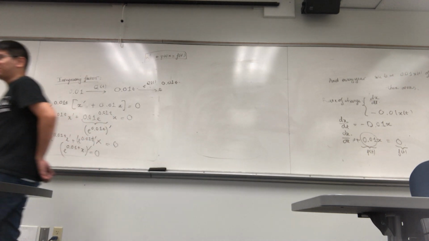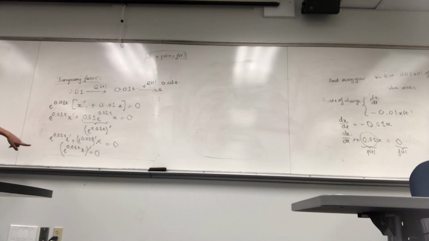So I'm going to use the product rule, and the left-hand side will be the derivative of this. So because the derivative is equal to 0, what can I say about this function?